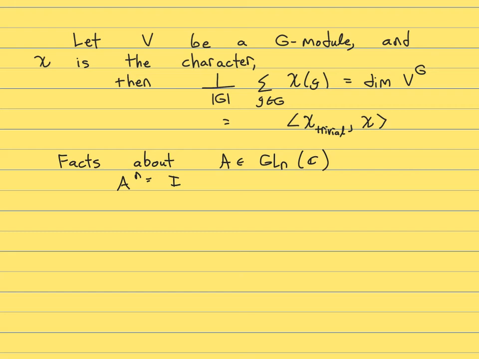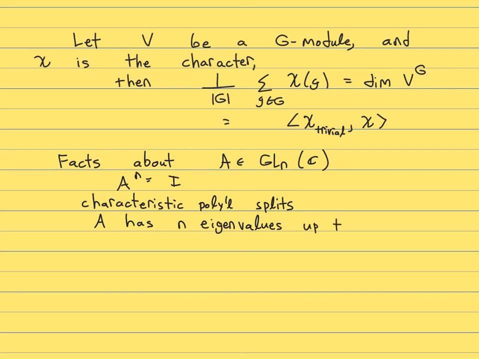Because we're working over C, I already noted this means that the characteristic polynomial splits, which means that the matrix does in fact have eigenvalues, counting multiplicity.